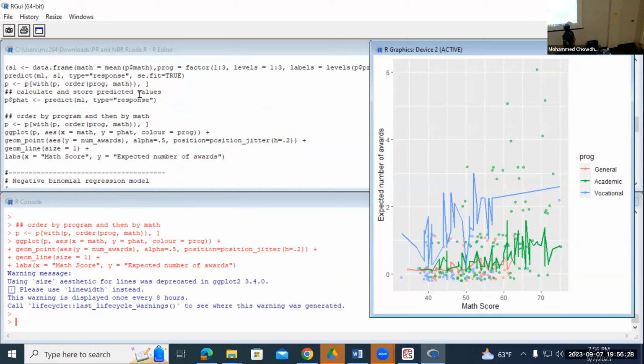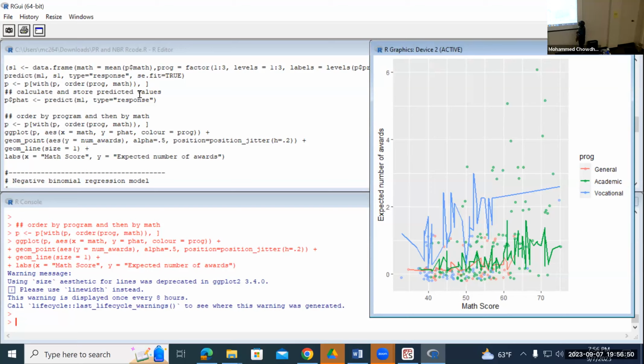Here the purpose is, math score is in here, and expected number of hours is in there. I want to compute a predictive graph against the math score corresponding to these three categories.